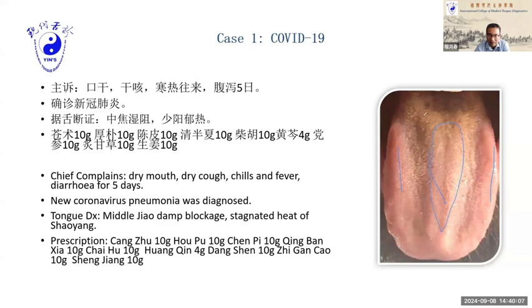The middle is also bulging with yellow-white or yellow-greasy fur. So I applied Xiao Chai Hu Tang and Ping Wei San for this patient. These are the mainly used herbs. You can read it.